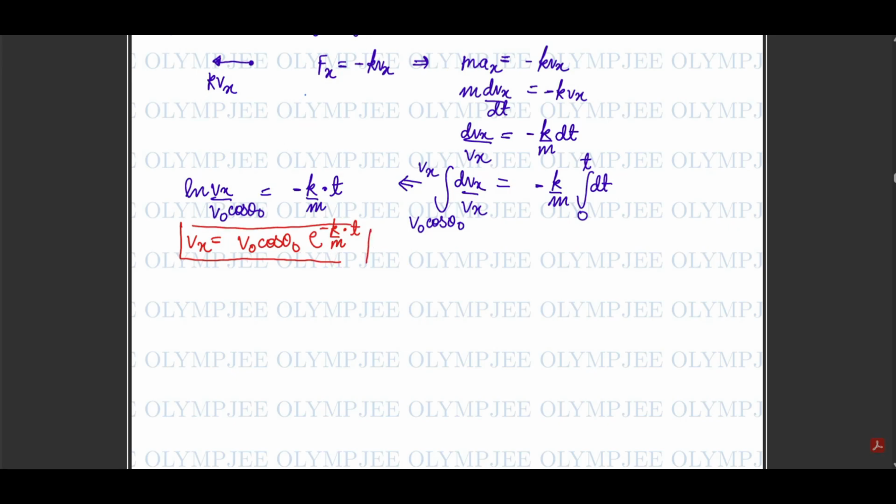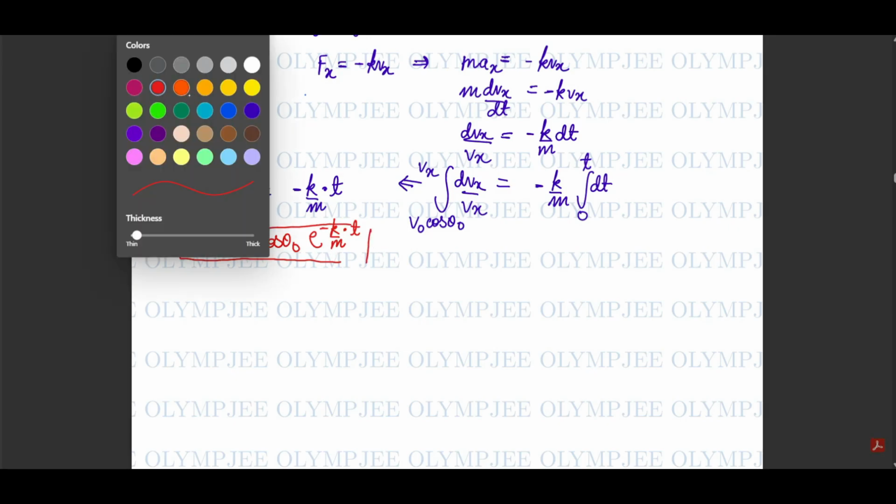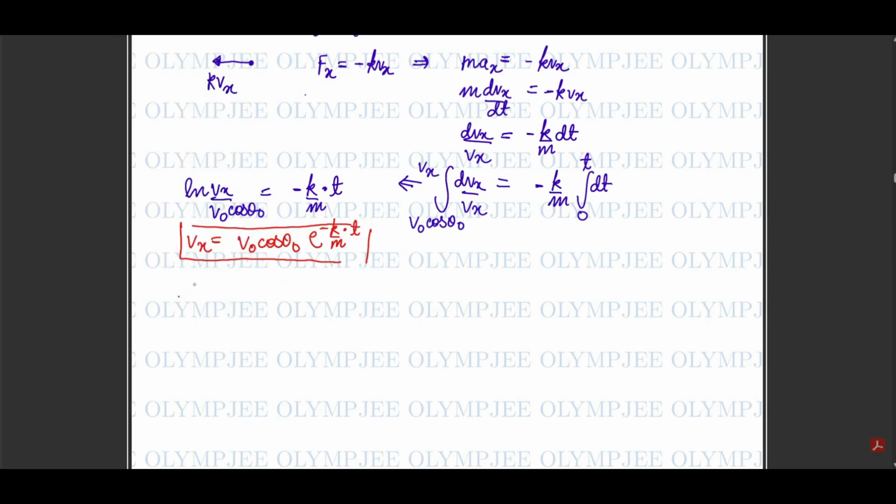Now let us analyze in y direction. In y direction, the initial velocity is minus v naught sine theta naught, and the forces acting on it are like this.